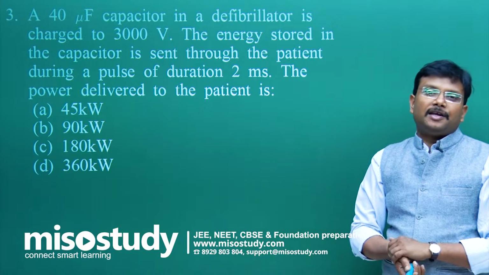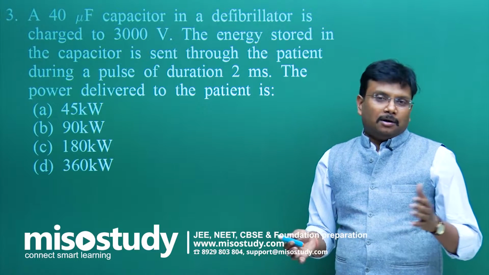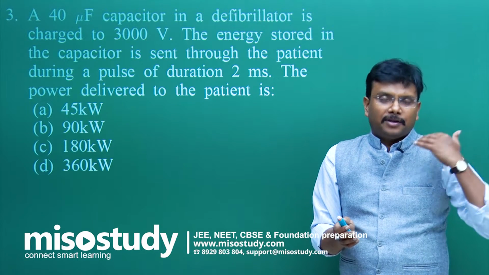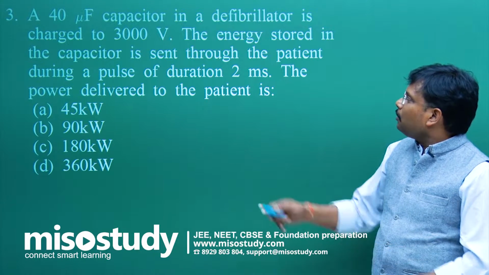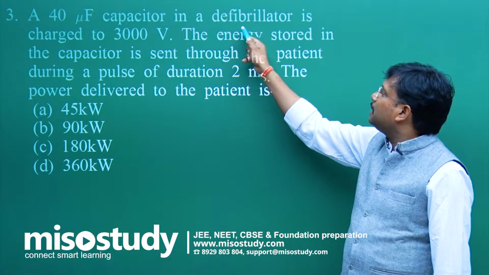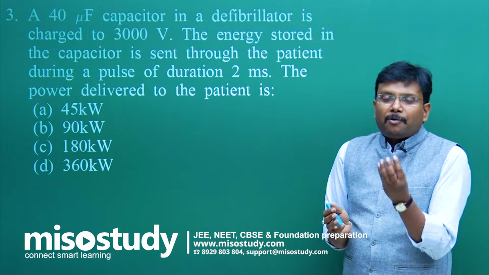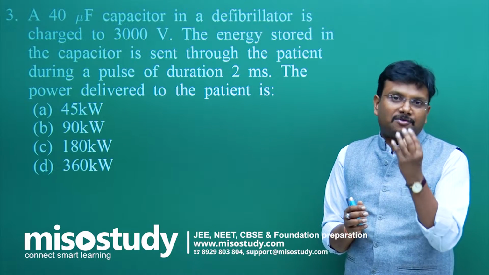As you know students, in medical science most instruments are made using the concepts of physics, whether it is X-ray, MRI, CT scan and so on. Now this device, the defibrillator, is used to provide some sort of shock to the heart so that it starts pulsing.